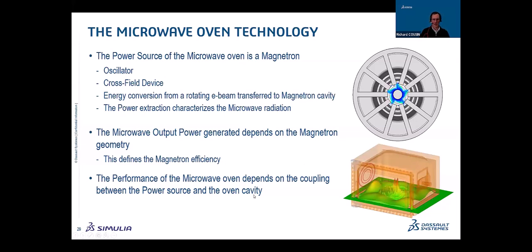The performance of the microwave oven depends on the coupling between the power source and the oven cavity. And of course, from a pure RF analysis, by calculating the Q factors and so on, you can figure out the best coupling we need to introduce to match the RF system to the magnetron geometry.